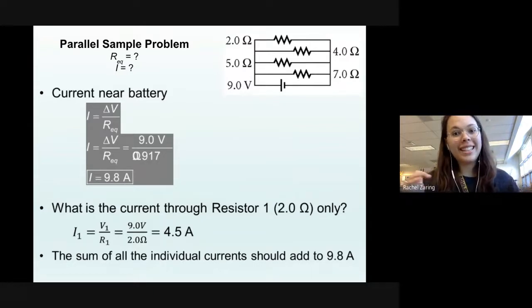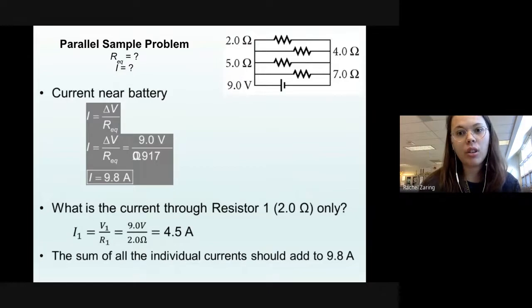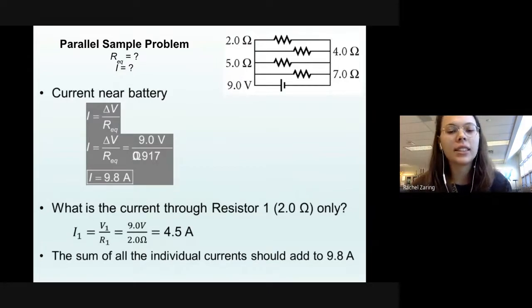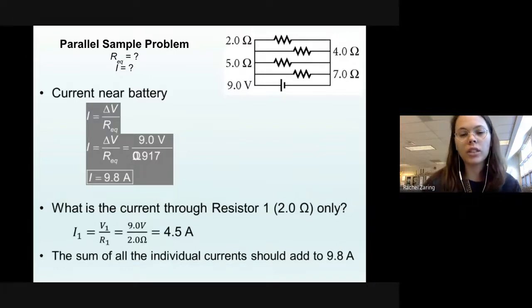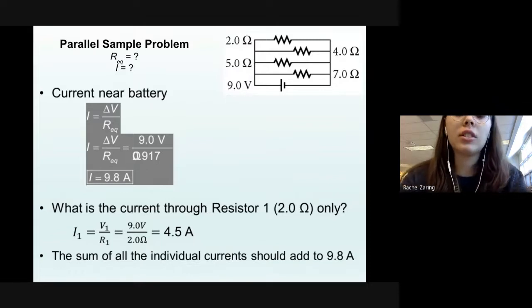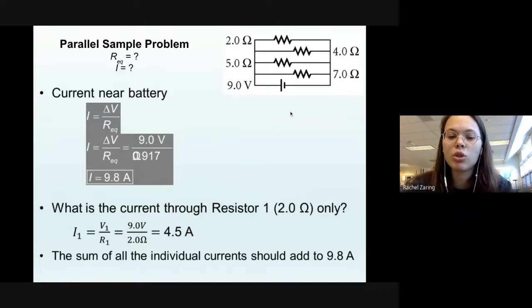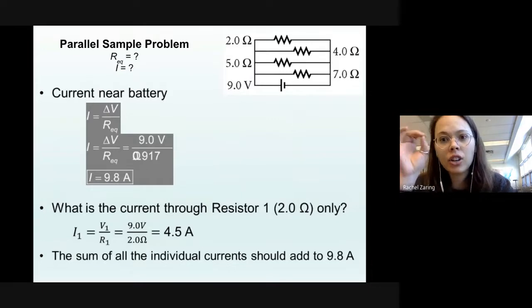Remember that current is not the same throughout every single resistor. The one more part of this question asks what's the current running only through resistor 1, the 2 ohm resistor? You would just take the voltage of the battery, which is 9 volts, divided by that resistance, which is 2 ohms, to get the current running through that singular resistor.